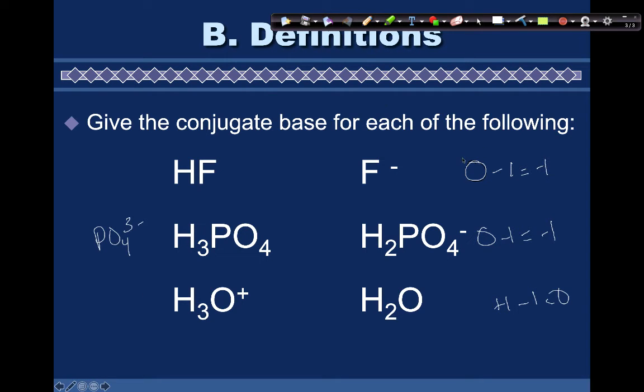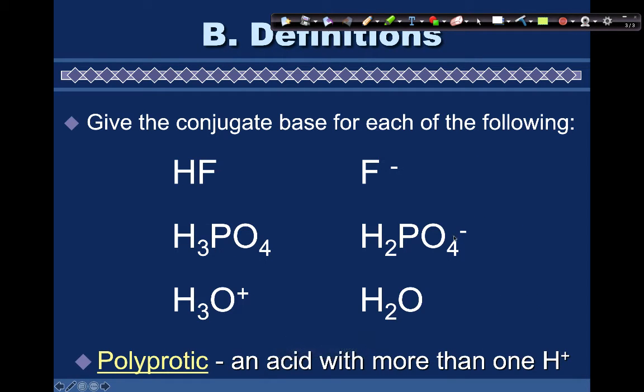So it can only be a difference of one H plus here. Okay, so polyprotic is also a special term. It's an acid that has more than one H plus. So H3PO4 is polyprotic because I can take off more than one hydrogen. It's just you can only take off one at a time.